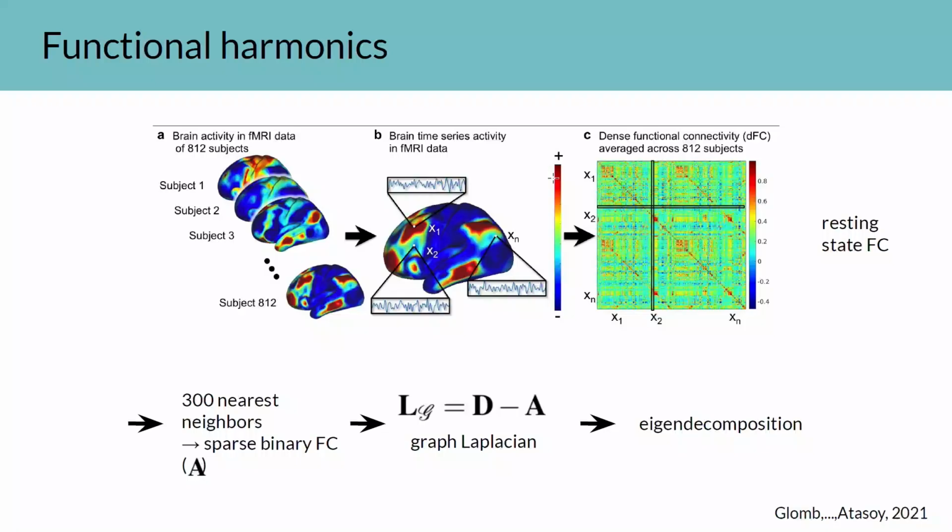I mean, in the case of a 60,000 by 60,000 matrix, it may take you some time. You can't maybe compute all the eigenvectors, but we computed the first 100 and looked at that. And then these eigenvectors are the functional harmonics. So they are, in a way, a low-dimensional embedding of the functional connectivity matrix.